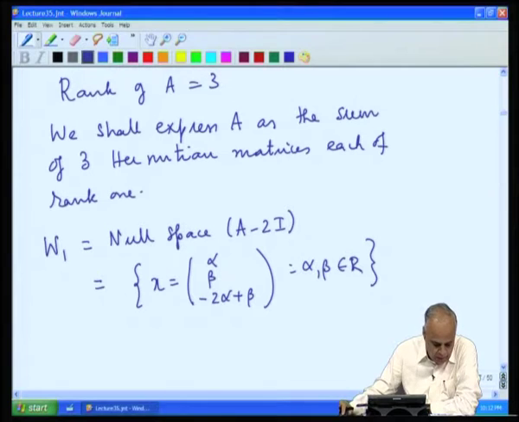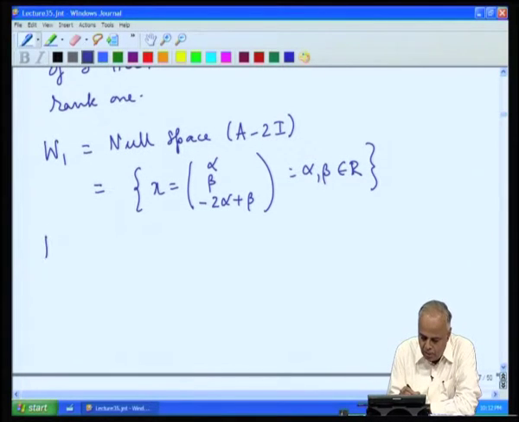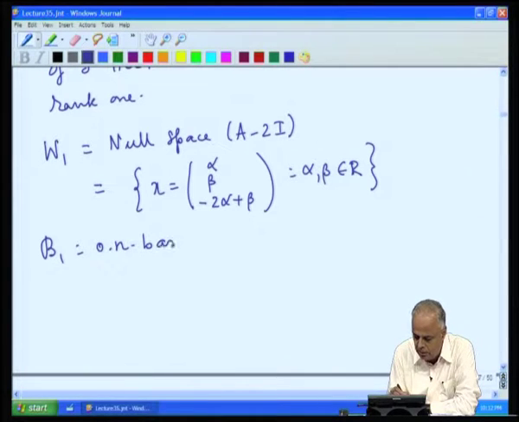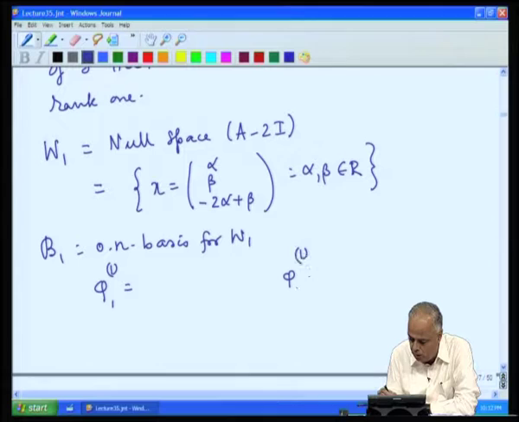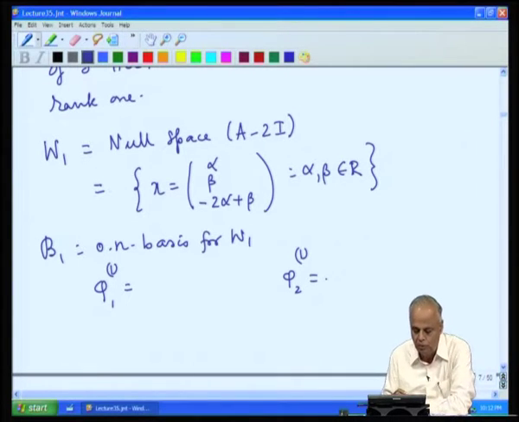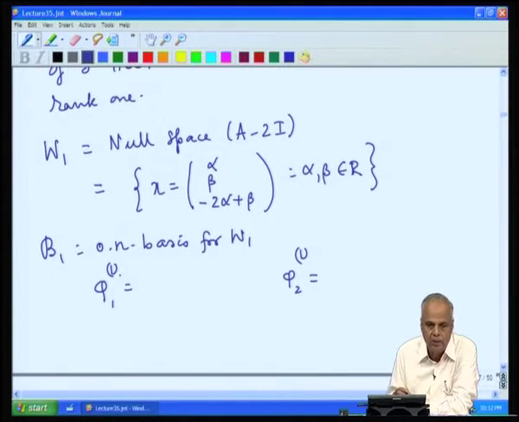And we found an orthonormal basis B 1 for W 1. There will be two vectors phi 1 1 and phi 1 2, because the multiplicity is 2 corresponding to the eigenvalue lambda 1.